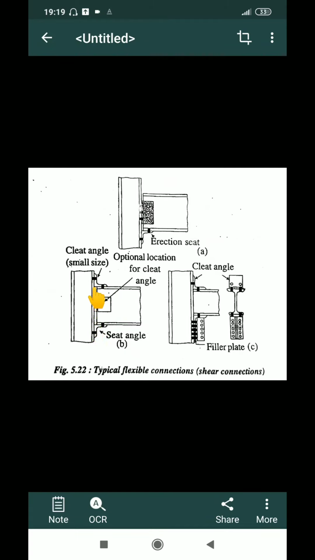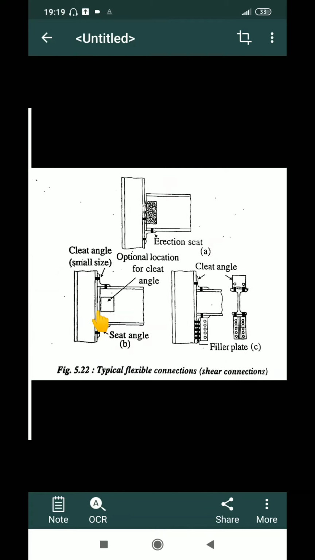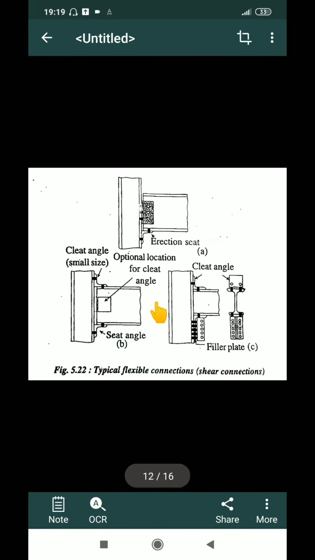So the seat angle and the cleat angle restrict the beam from moving in an up and down direction, and this cleat angle restricts the movement of the beam in a front and back direction. But this connection does not ensure that the beam cannot have a bending movement. This is another type of connection.